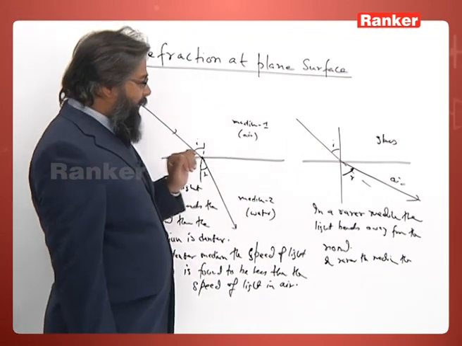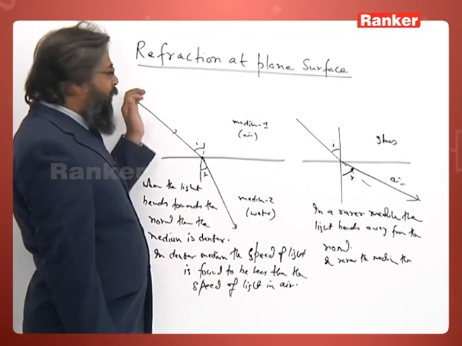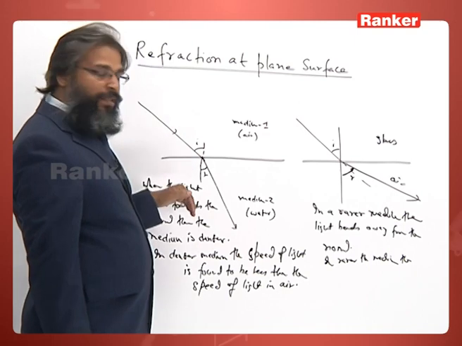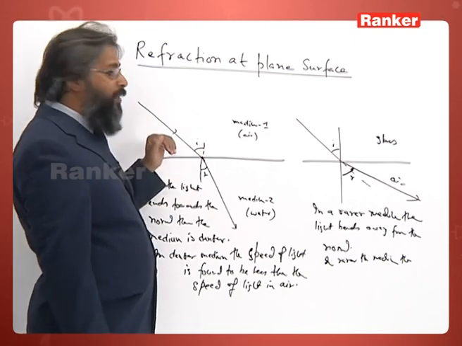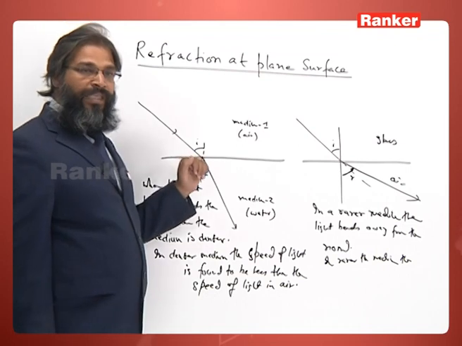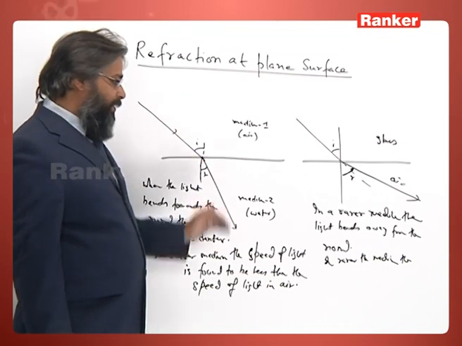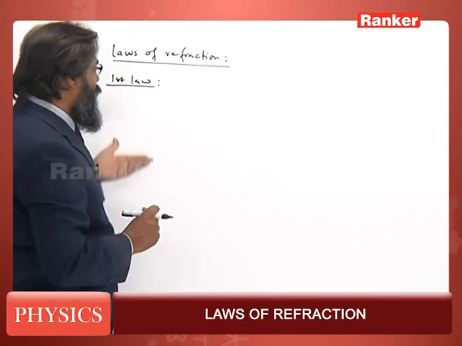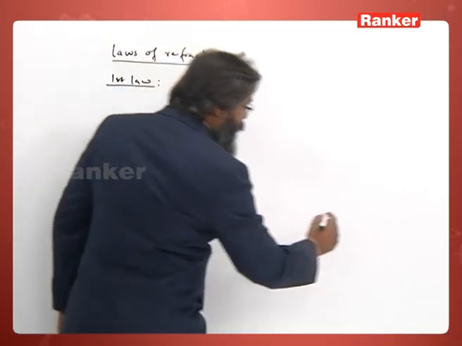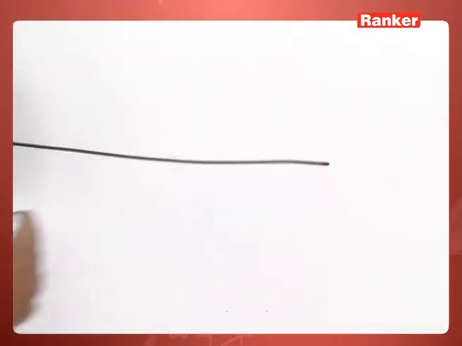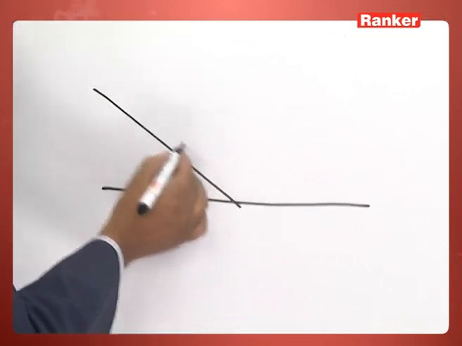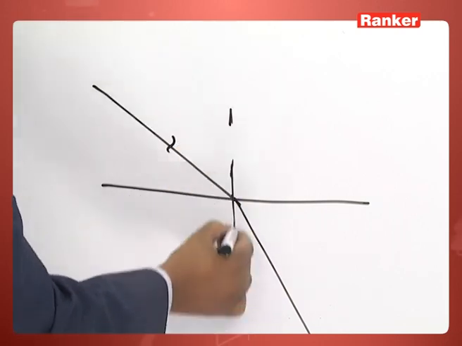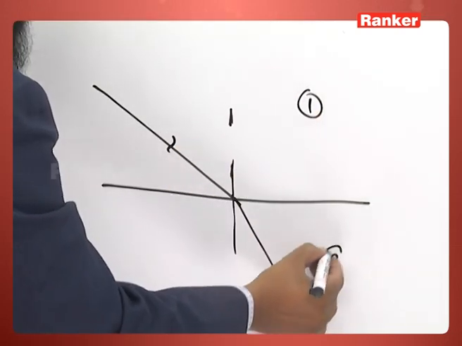Now, let us see what the laws of refraction are when a ray is refracted from a plane surface. We call this the law of refraction, Snell's law: first law and second law. Suppose this is a surface which separates two media, this is medium 1 and this is medium 2.